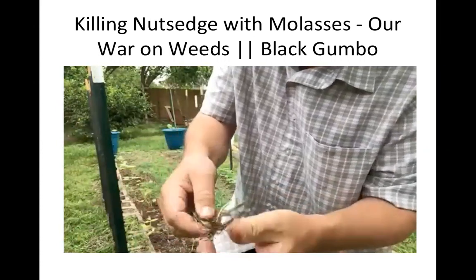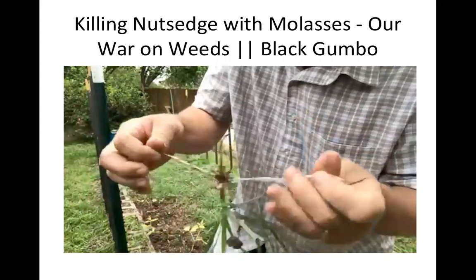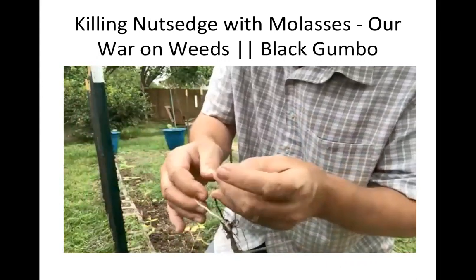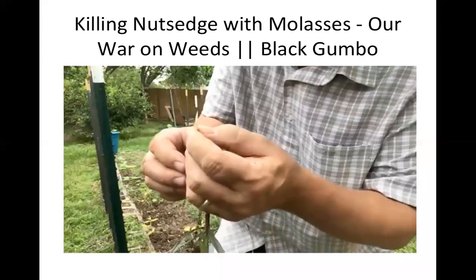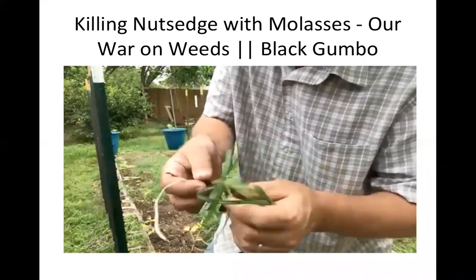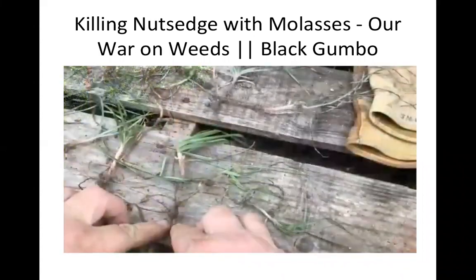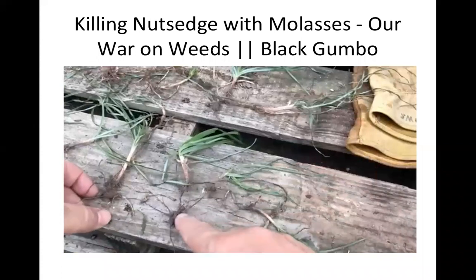Any little bit of this plant left in your garden will continue to grow and spread, and they're incredibly difficult to get rid of. The points are incredibly sharp. They can come up through mulch, through plastic, and yeah. Now this is a quintessential nut grass root system right here. See the nut?